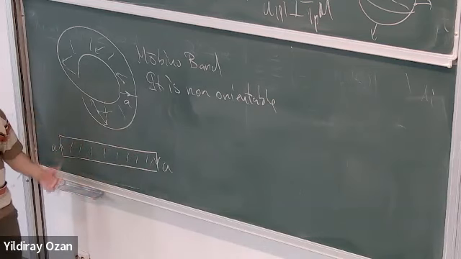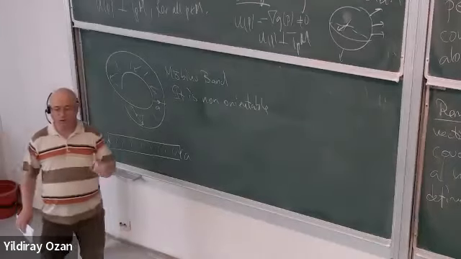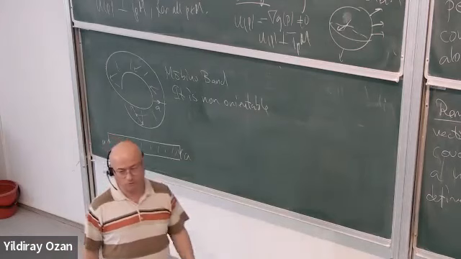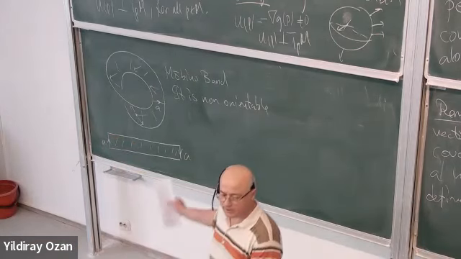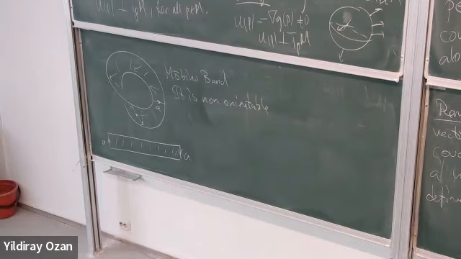That function is not continuous because I identified this point and this point, so it should take the same value. But here, if it's pointing this way, this point, it's pointing exactly the opposite way. Therefore, that function cannot be continuous. That's basically the proof. But there are rigorous ways of proving this.